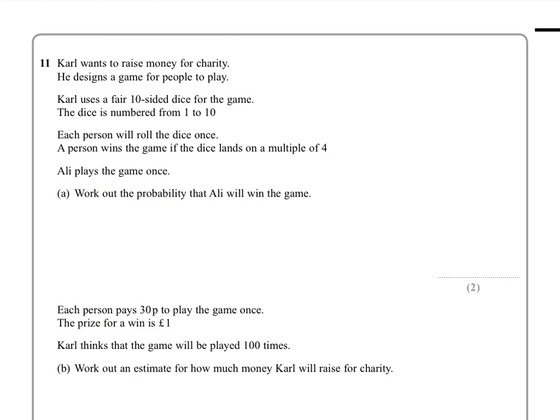So this question has an awful lot of words, which can make it seem quite ominous to start with. But if you just try and think that the dice, it should really say the word die, that's the singular, but the dice is numbered from 1 to 10. Each person will roll the dice once. A person wins the game if the dice lands on a multiple of 4.